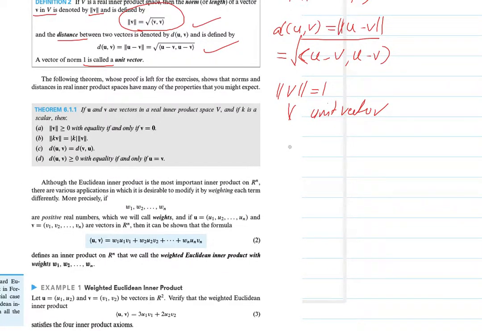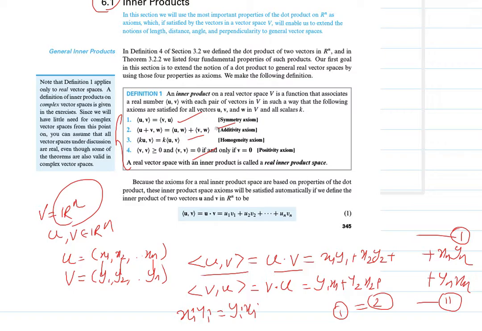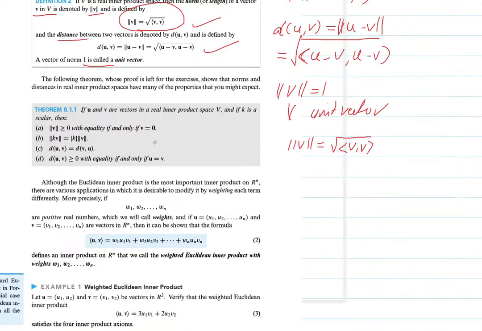What is norm V? Norm V, by definition, it is root of inner product VV. But by definition of inner product, we know this one. These four conditions are satisfied.